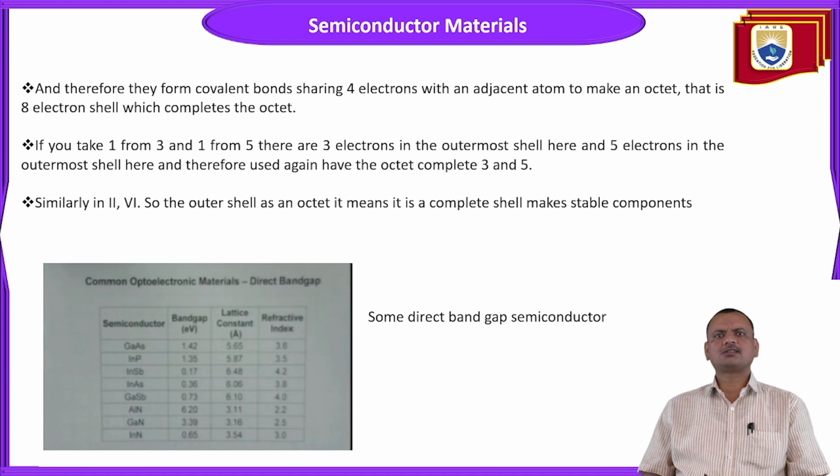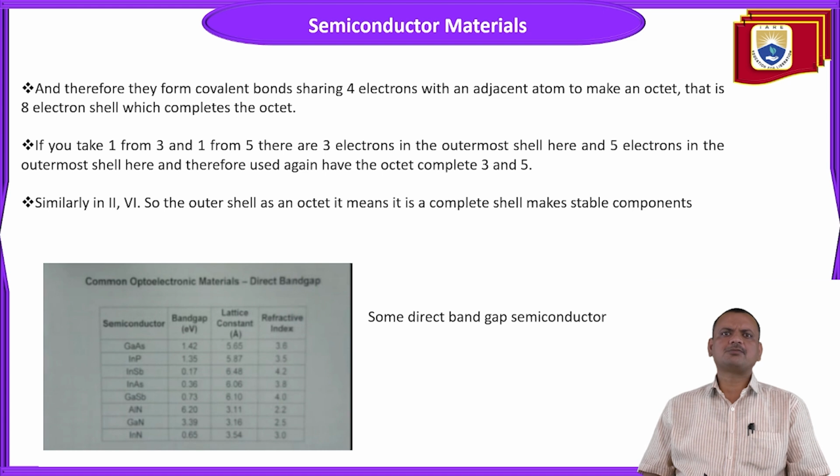It is showing 3.39. Aluminum nitride is generally considered an insulator, though in some cases you can treat it as a semiconductor.